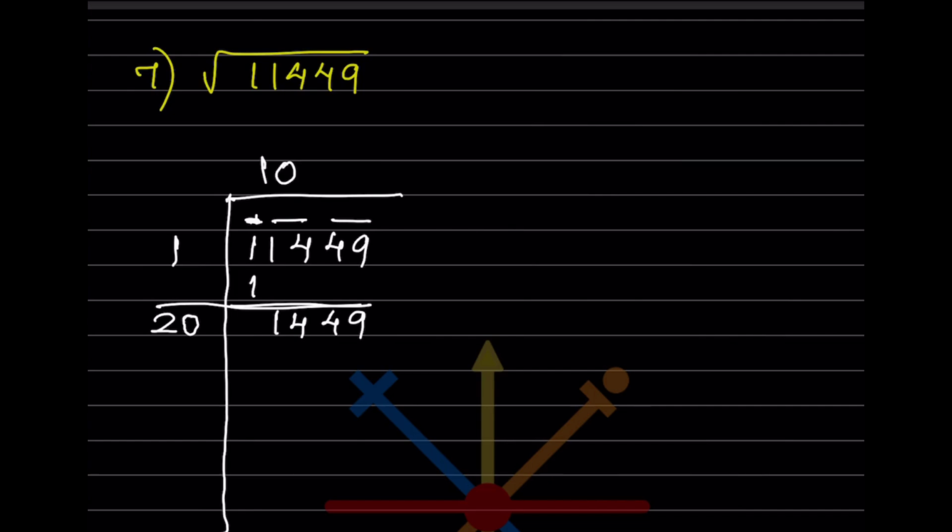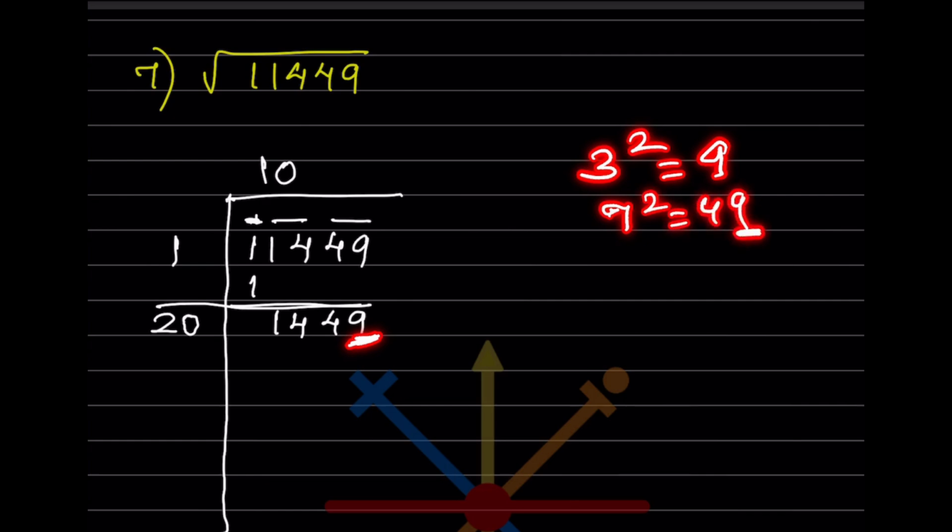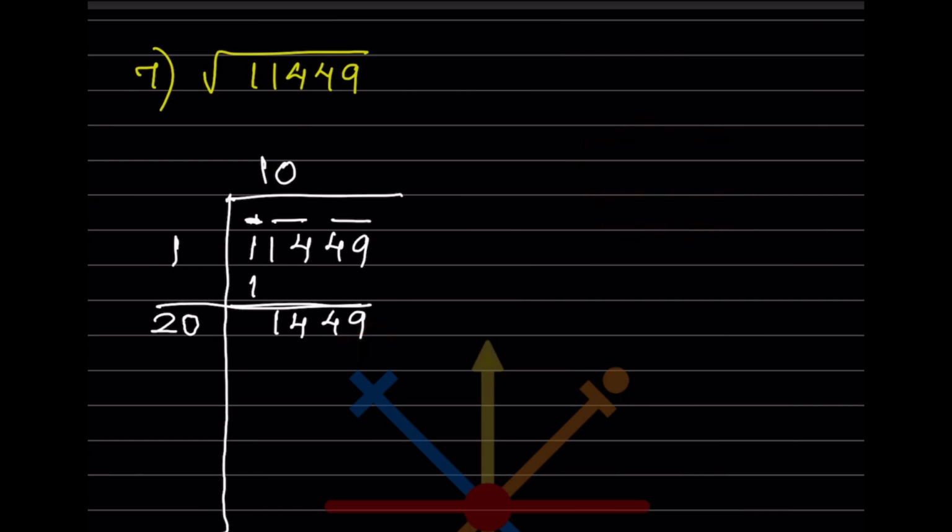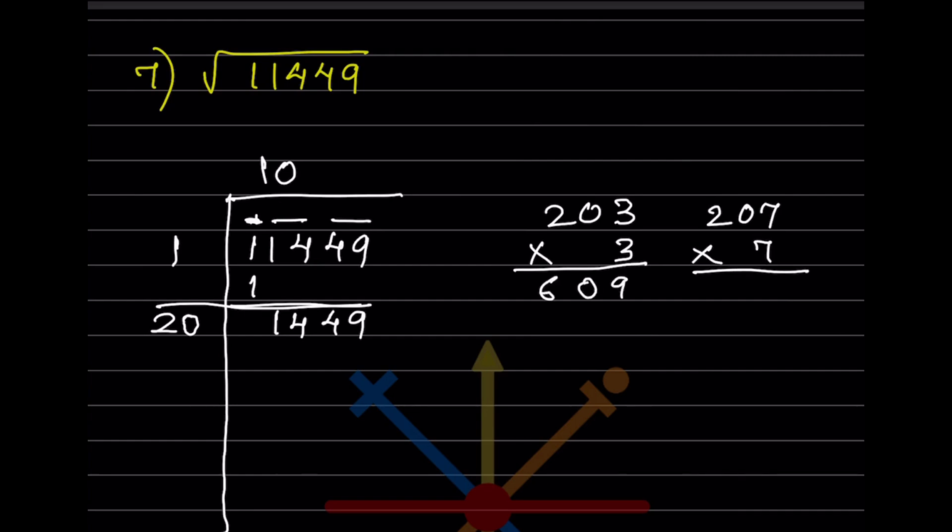Then we are going to consider this one. So it should be either 3 square will be 9 or 7 square will be 49. So it will be 203 or it is going to be 207. So if this is 3 then this also should be multiplied by 3. This is 7 then this also should be multiplied by 7. So now let us see for this one, 609.